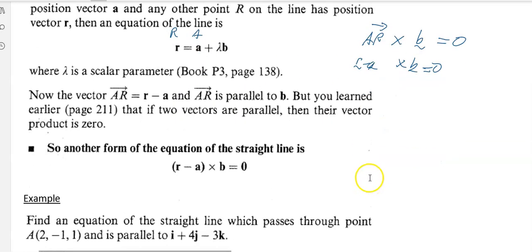So that's another form of a vector equation of a straight line. So if you see a vector equation of this form, the a here, whatever's being taken away from the r, is going to be a point which is on your line, and whatever you're doing the crossing with here, this vector, is the direction that your line is parallel to.